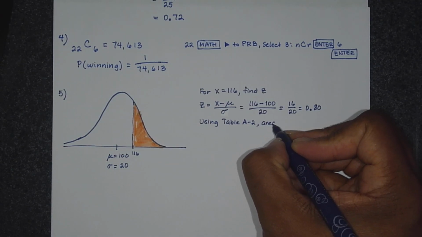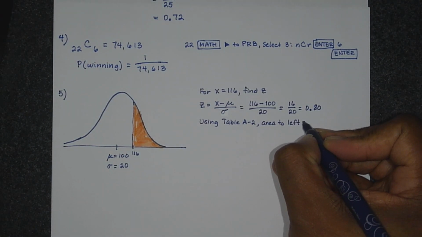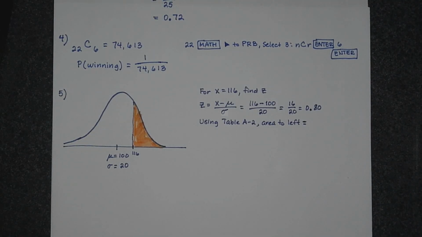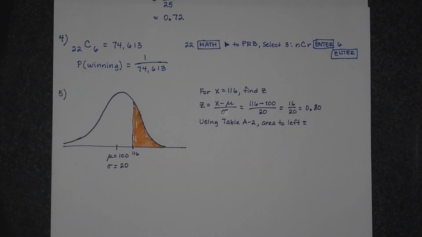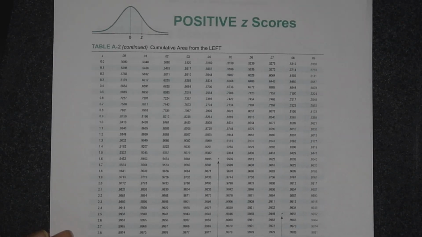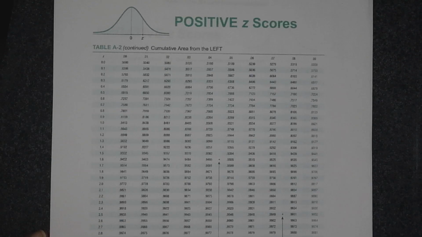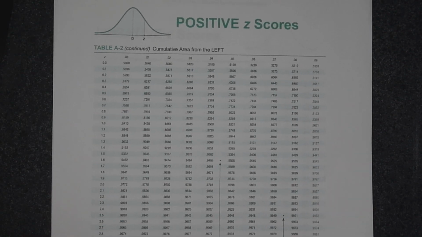To find the area to the left, because that table tells us only the area to the left. And it's a positive z-score, so I need the page that says positive z-scores. And I know this is going to be hard to see, but you'll have better tables than what I have here on this screen.